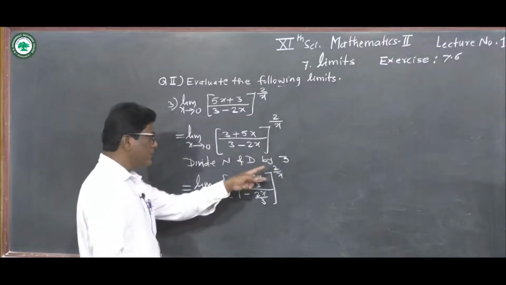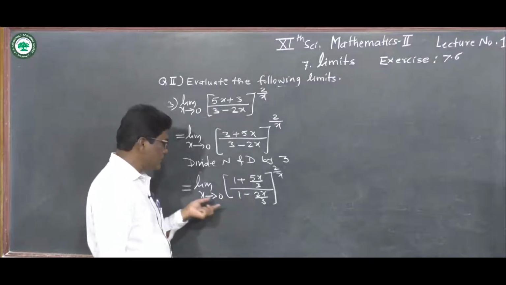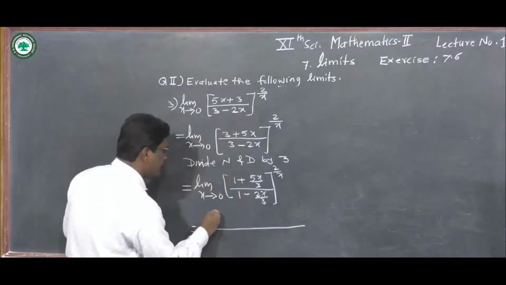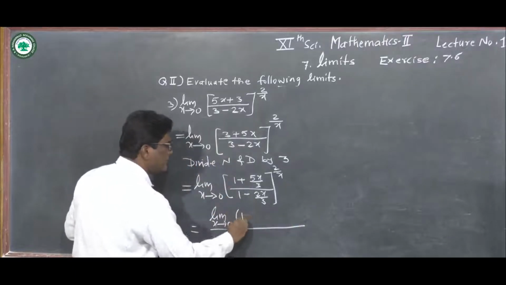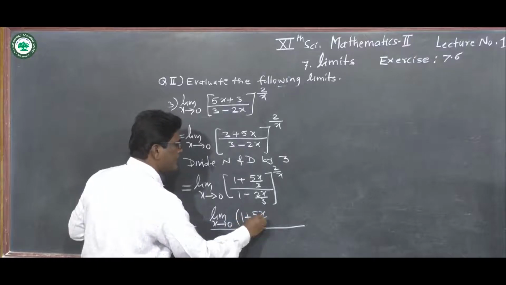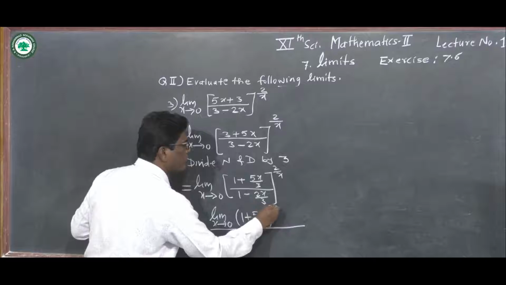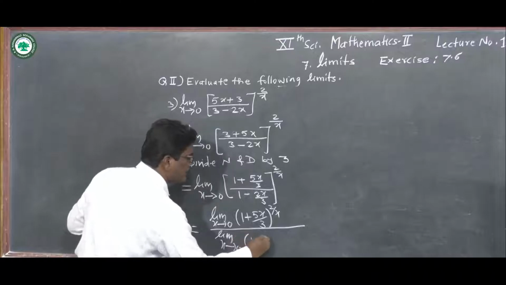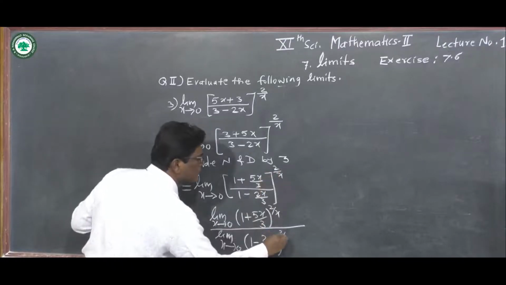Now separate the power 2 upon x to the numerator and denominator and also the limit. So it is equal to limit x tends to 0, (1 plus 5x upon 3) to the power 2 upon x, divided by limit x tends to 0, (1 minus 2x upon 3) to the power 2 upon x.